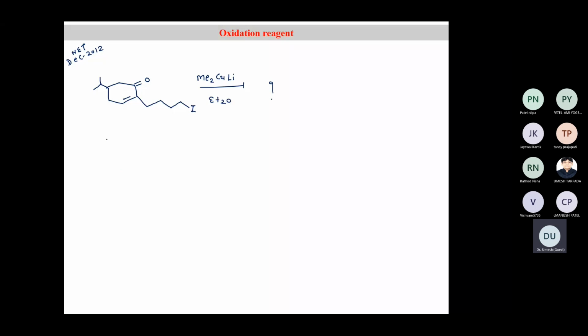So see, it's very simple. First, the reaction takes place at beta carbon because it is Gilman reagent. So CH3 minus is added over here.